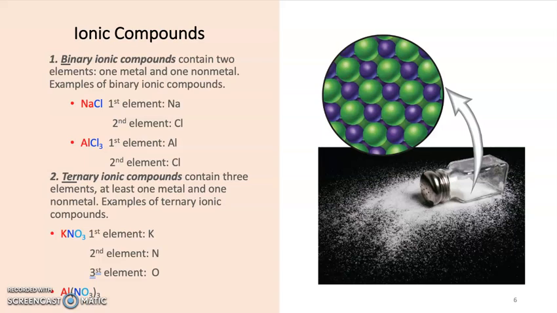So there are two types of ionic compounds, binary and ternary. It depends on how many elements make up these compounds. Because they are ionic, they always have to contain at least one metal, and the other elements are non-metals.